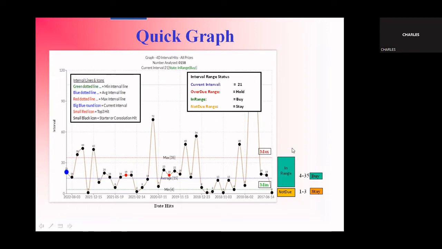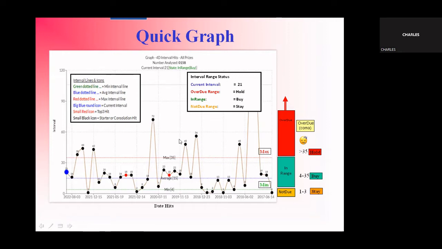Okay, so let's come to the next range, the overdue range. Now, when the interval passes the maximum interval line, which is actually 35, we call this number has gone into overdue. Okay, so when a number is overdue, it can hit sometimes at a very long interval. For example, it can go up to interval 72, then it hits.